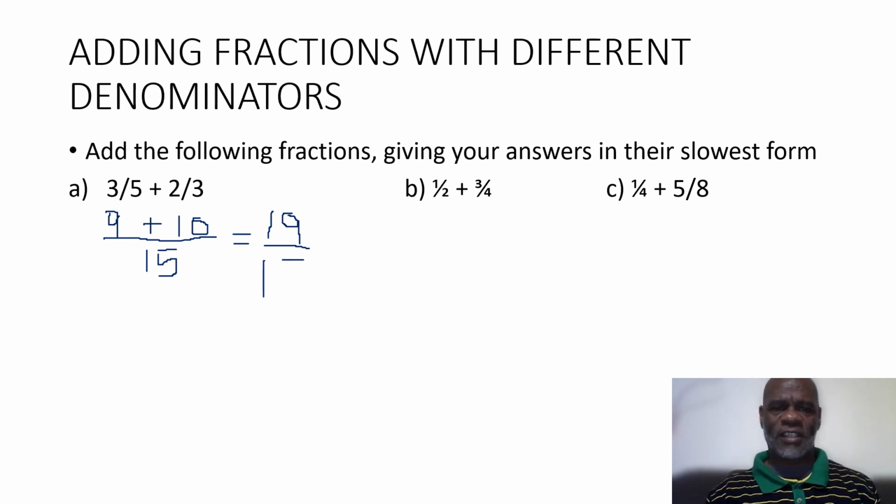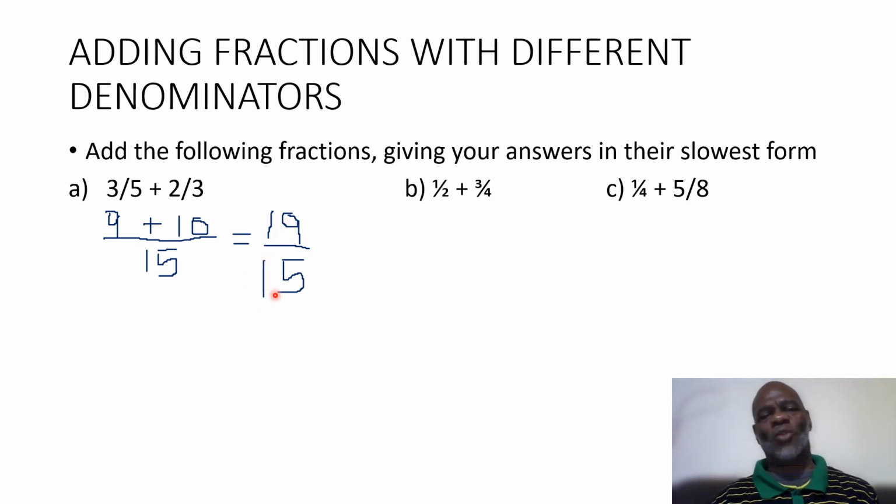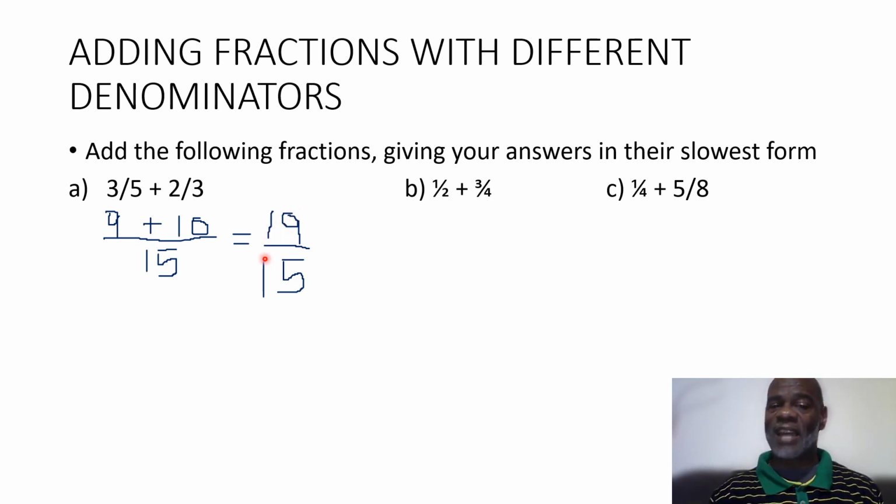Now what do you notice? Okay, now notice that our numerator is larger than the denominator. Right? So we say this is what type of fraction? We say it is an improper fraction. Right? Now we can simplify this by dividing 19 by 15.